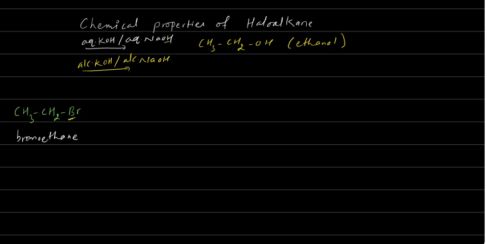Halogen is removed from one carbon and hydrogen is removed from another adjacent carbon atom. So the product formed is CH2=CH2, and this is the type of elimination reaction. And this is ethene. This is dehydrohalogenation.